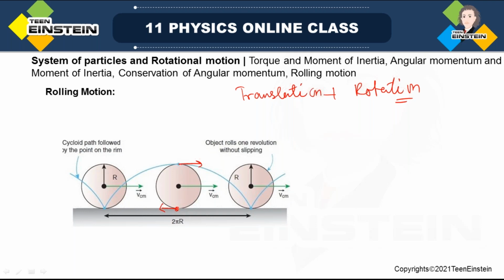Instantaneously it will be at rest, that means the translational motion will be 0, but there will be rotational motion for this bottom point. This is B, this is A, and this is suppose C. These two points will be having equal and opposite velocity. So V rotational acts in this direction, and V rotational acts in the opposite direction.